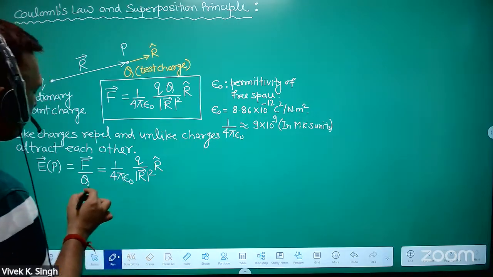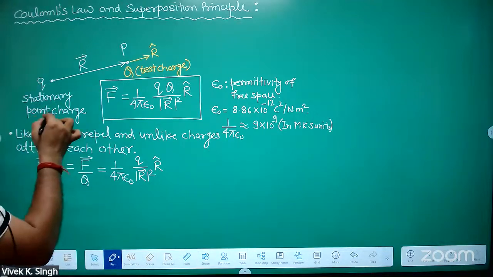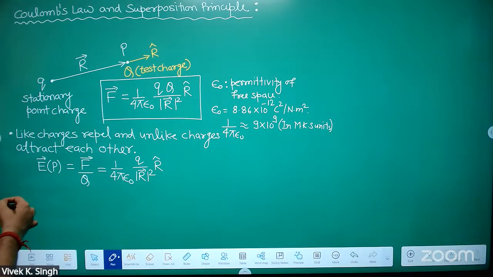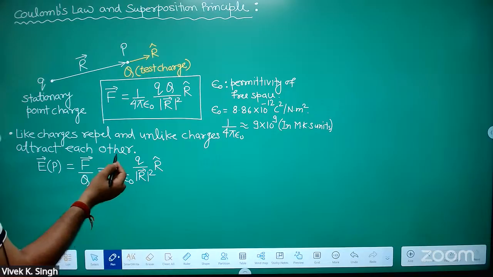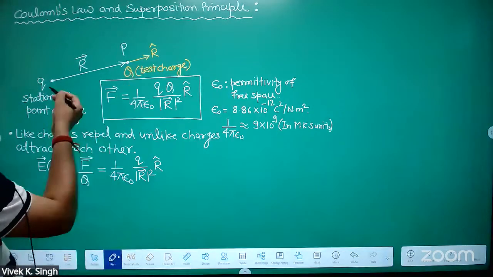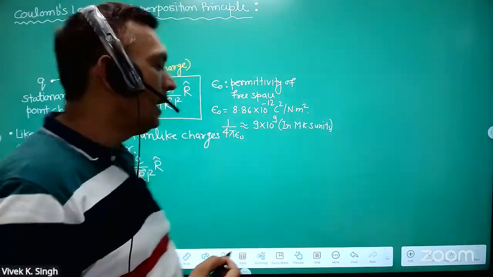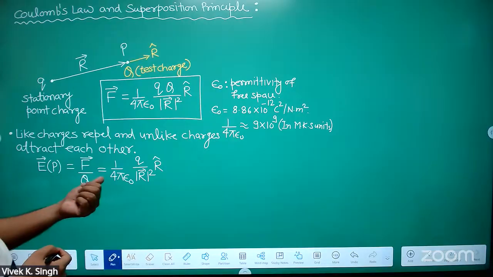If this charge is positive, the field is radially outward. And if the charge is negative, the test charge will be attracted towards it. So the field direction is radially inward.